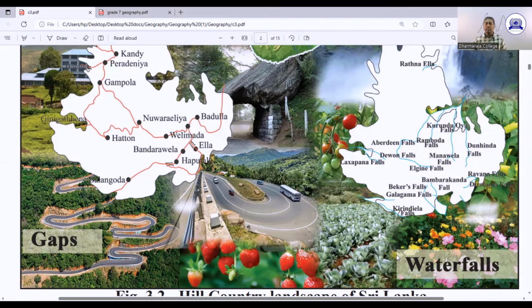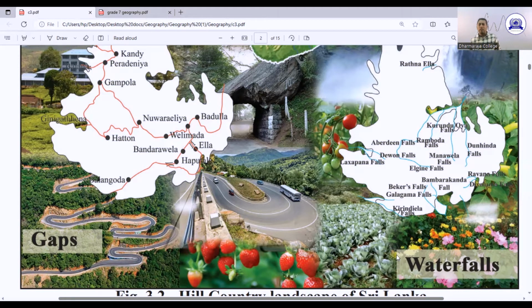Bakers Falls, Devon Falls, Lakshmana Falls, Aberdeen Falls, Rambuda Falls. There are a number of falls. Diyaluma, Dunginda, Rambuda, Bambarakanda, Bakers Falls, Lakshmana, Devon, Aberdeen, St. Clair's.